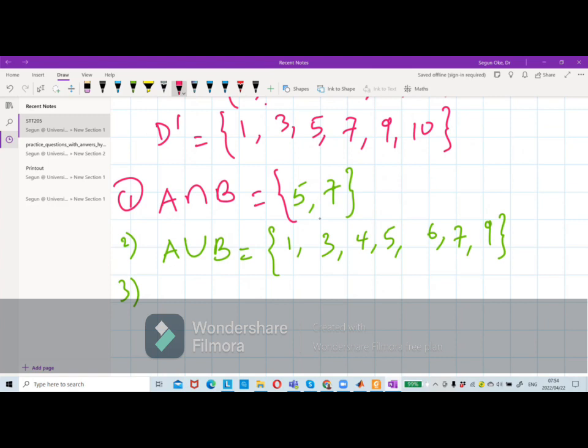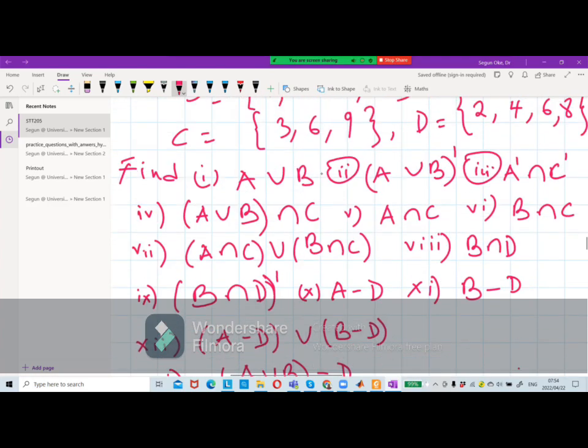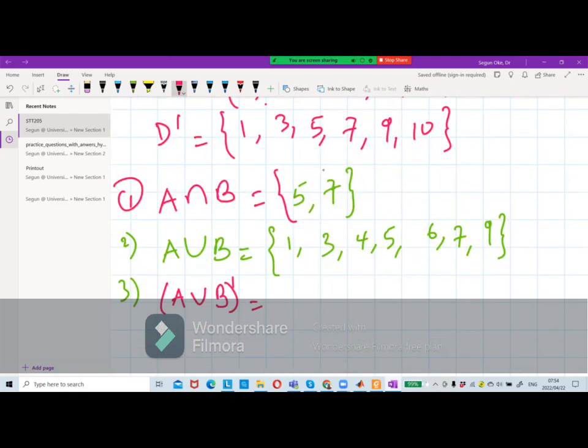The third one, in this case, is A union B prime. So for A union B prime, what do we need? Let's go to the union.